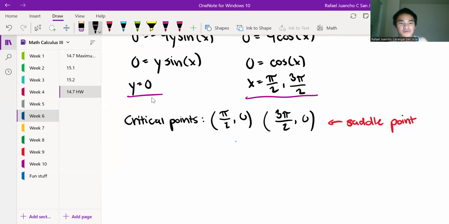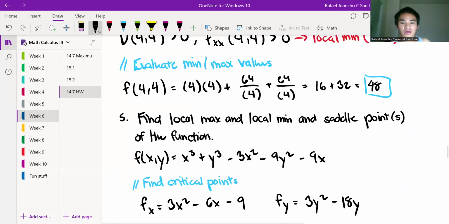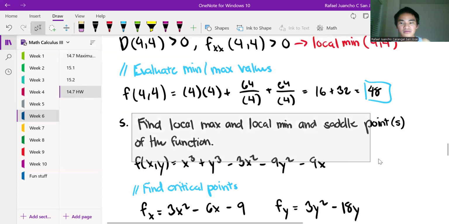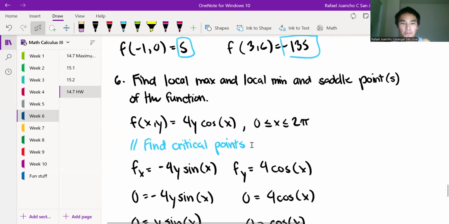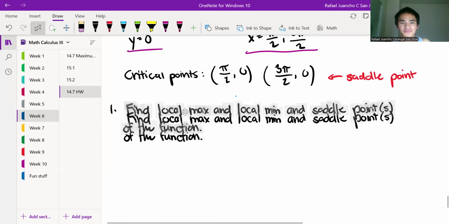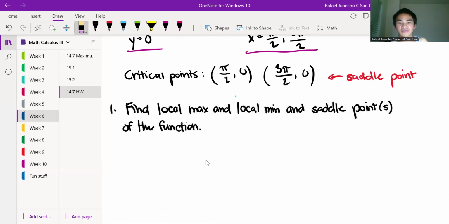For number one, basically I'm doing the same thing, right? I'm doing the same thing. I just have a different function. So let me just go ahead and attack the problem like this. I didn't need to use the contour map.